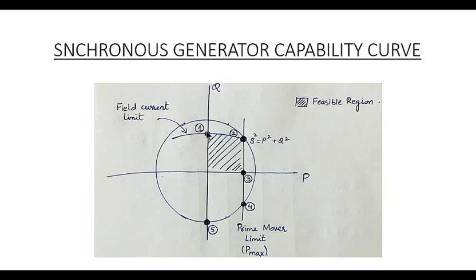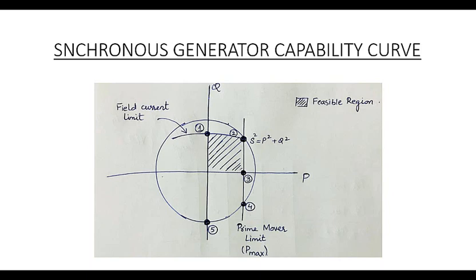Similarly, the reactive power is also limited by the heating limit of the armature, or you can say the insulation limit. So the shaded region is a feasible region which tells us about the different active and reactive powers that we can get from this generator.